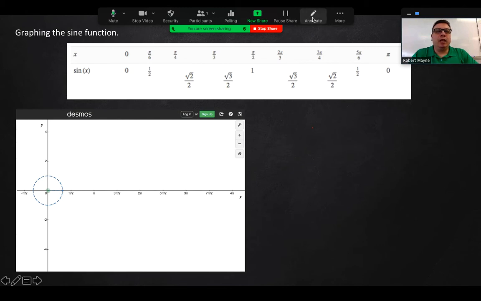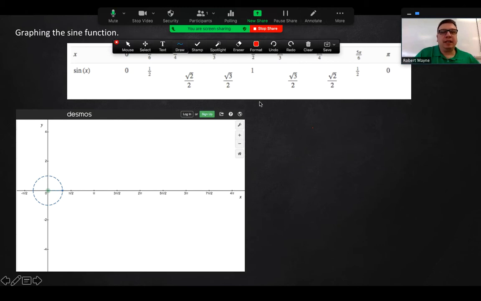And we know that as we rotate our way around, the side opposite in the right triangle, so if I draw a right triangle here, let's say this is 45 degrees in here, then we would be right here at a value of square root of 2 over 2 on the axis.